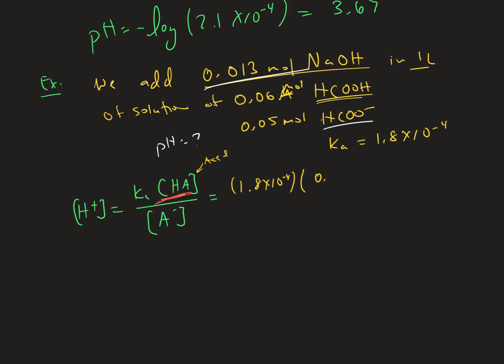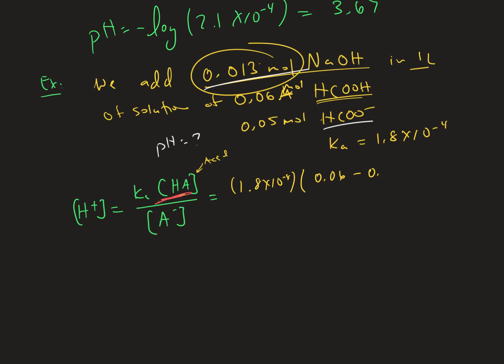So I'm going to take my 0.06 and I'm going to subtract the amount of my base that was added, because it lowers the acid amount and increases the base amount. Does that make sense?